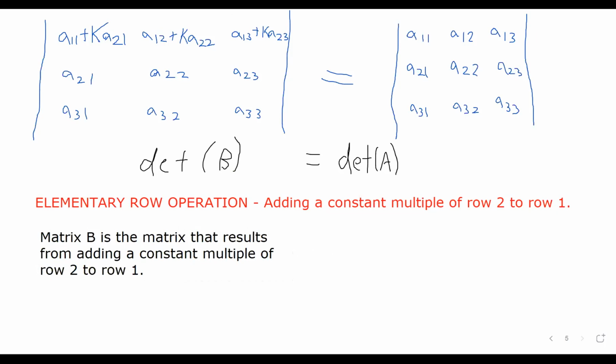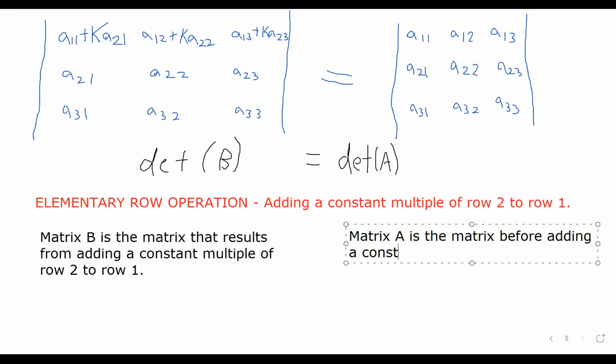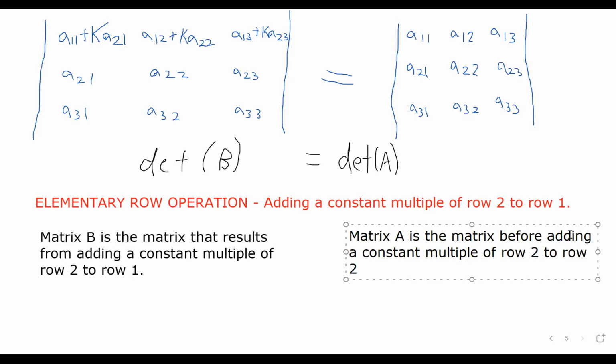And matrix A is the matrix before adding a constant multiple of row 2 to row 1.